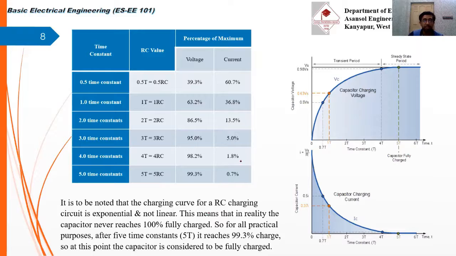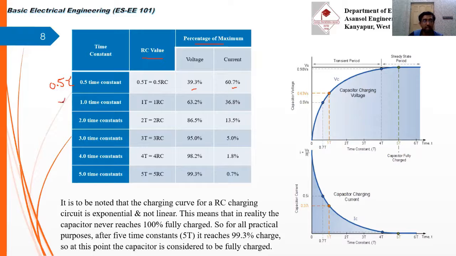Okay. Now here you can see the change in RC value, how the voltage and current are changing. When the time equals 0.5 time constant, that means tau, the total voltage across the capacitor is 39.3% of the maximum, and the current is 60.7%.